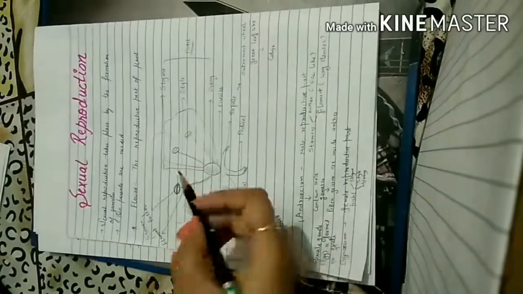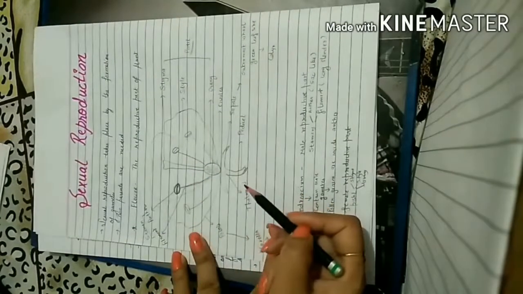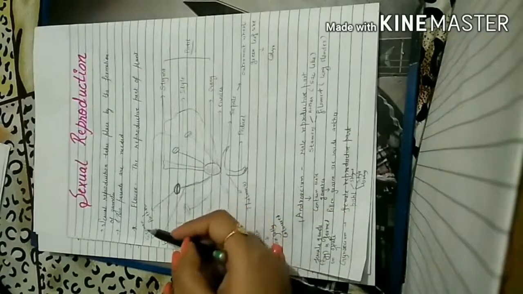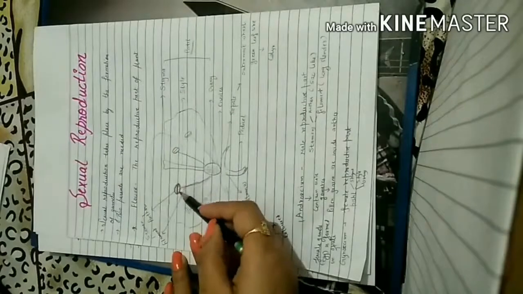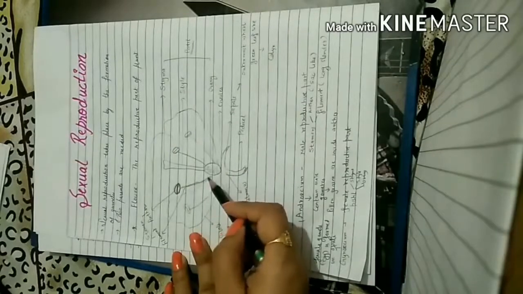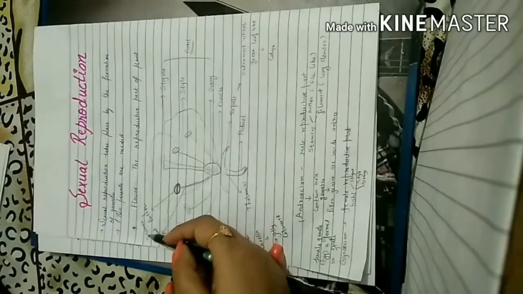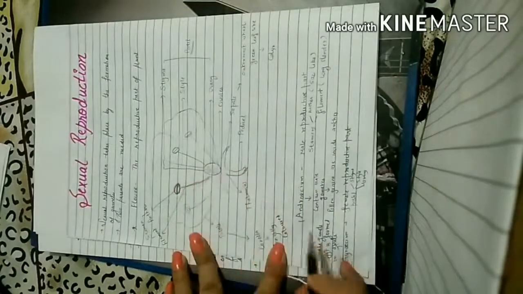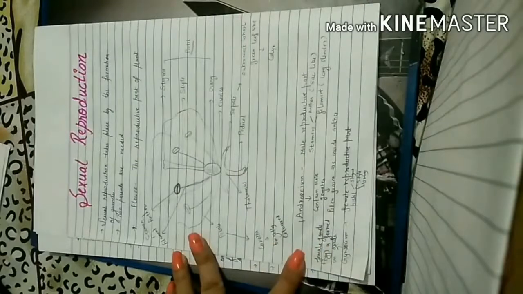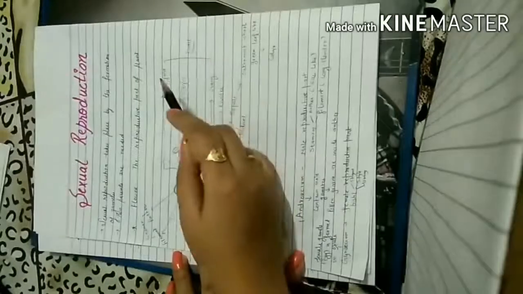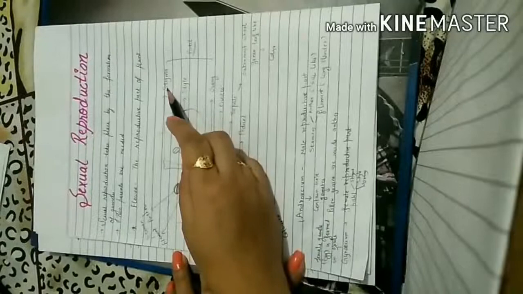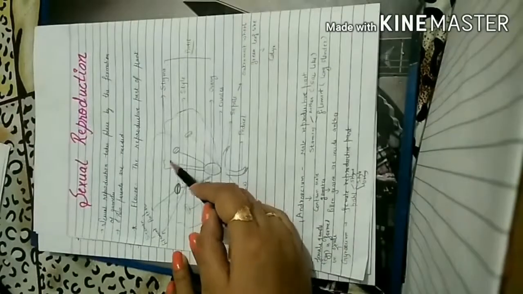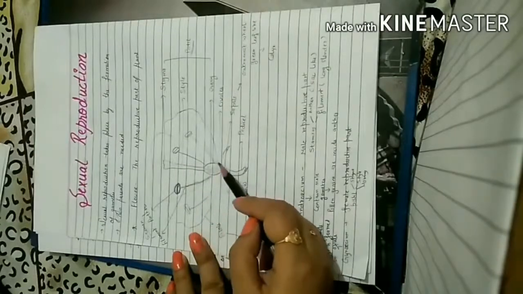So what we have studied now, that is male and female parts of flower. So male part is the androecium, which is consisting of two things, that is anther, the upper portion, and then this filament, and together they are also known as stamen. Then the female part of flower is known as gynoecium. Gynoecium is also referred to as pistil, and it is consisting of three things, that is stigma, style and ovary. The upper portion is known as stigma, then is the style, then this is the ovary.